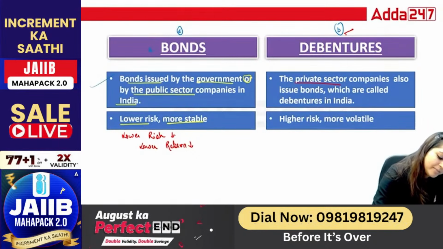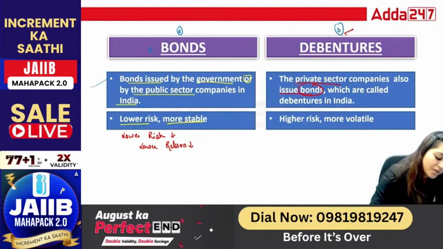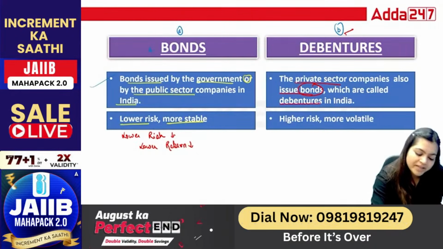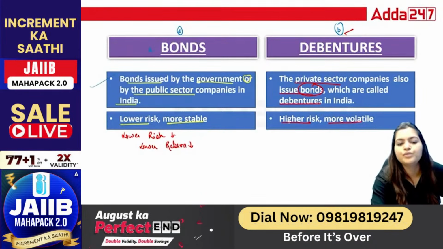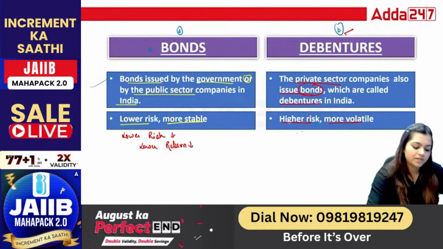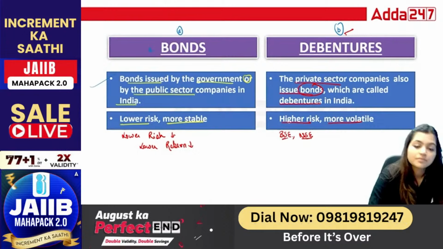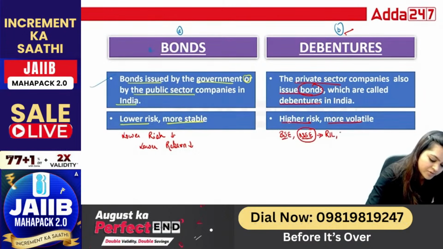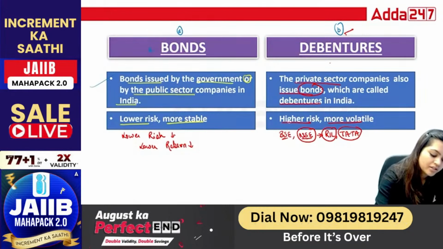Next is debentures. Private sector companies also issue bonds, but when private sector companies issue the instrument through which they are borrowing, that is known as debentures. Higher risk, more volatile. If you invest through the Bombay Stock Exchange or National Stock Exchange, Reliance Industries shares, Tata shares, the share market you must have heard of, then what are we purchasing through that market?